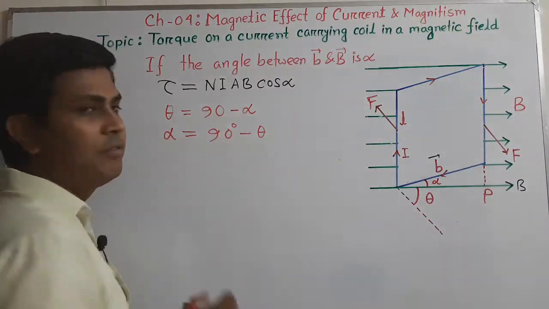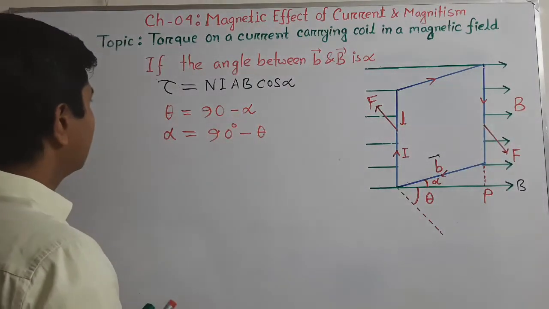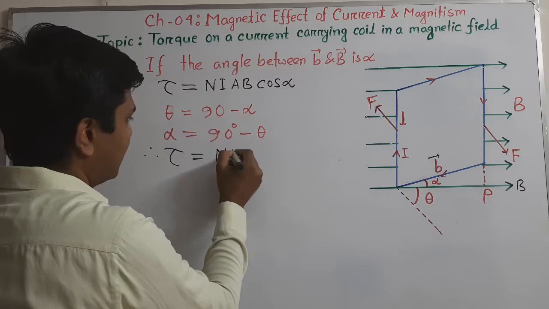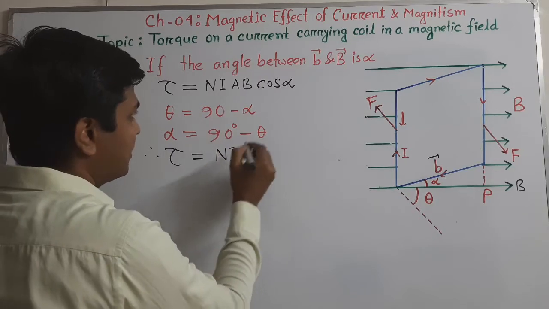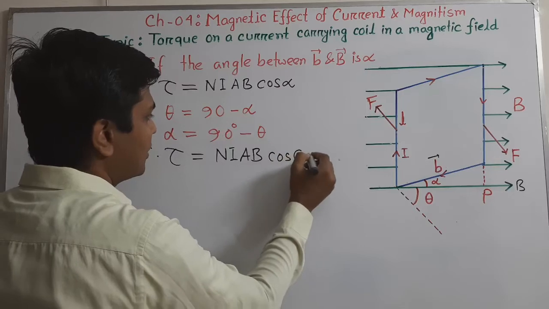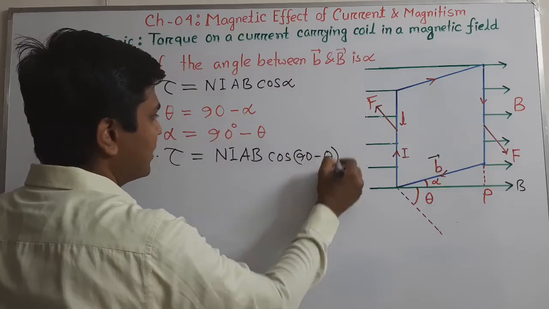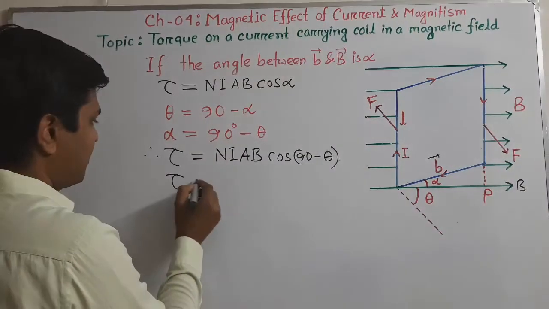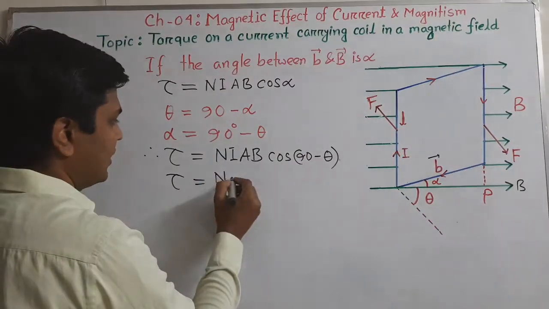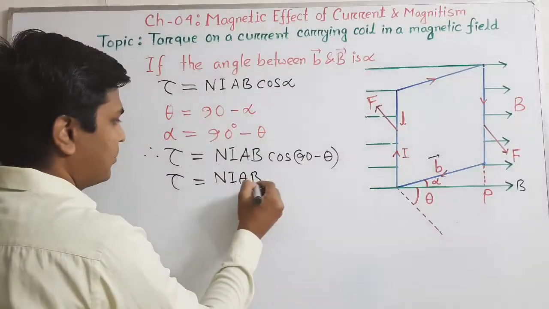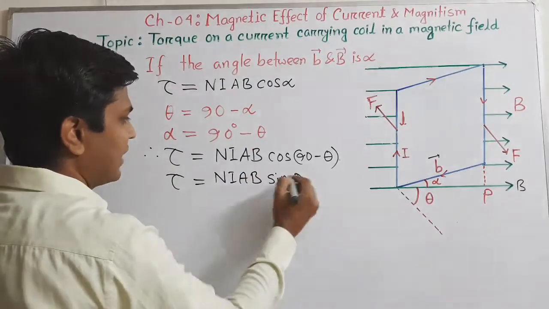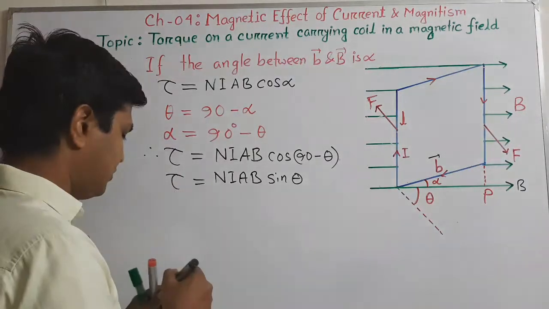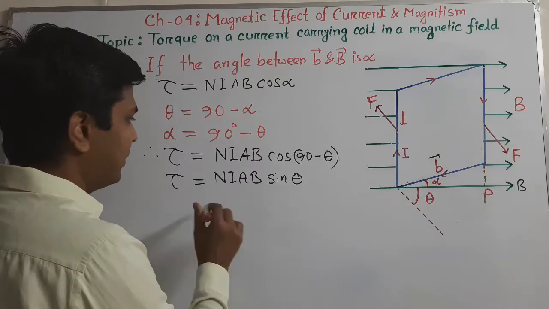Now if you put the value of alpha in that equation, torque tau equals N I A capital B cos of 90 degrees minus theta, which is N I A B sine theta, positive in the first quadrant. So our formula of torque will be tau equals N I A B sine theta.